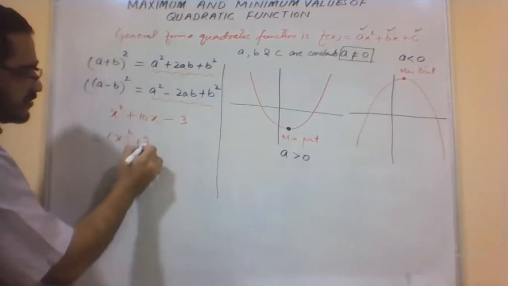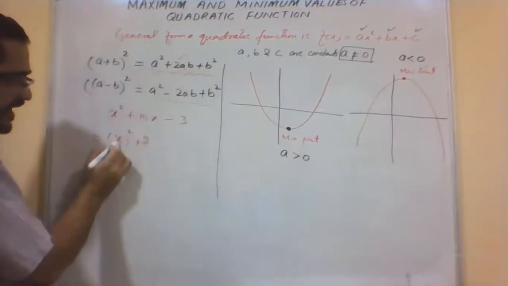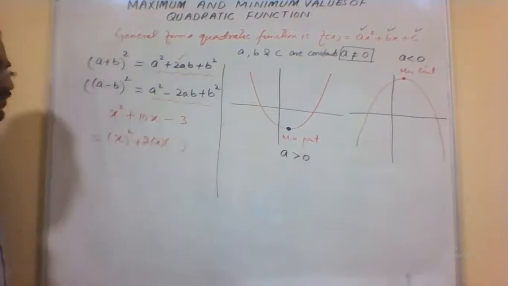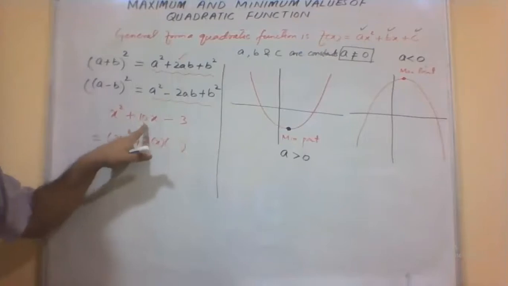After that, 2ab. 2 is from the formula, a we have already taken as x. What will we take for b? b depends on this number, as here it is 10.